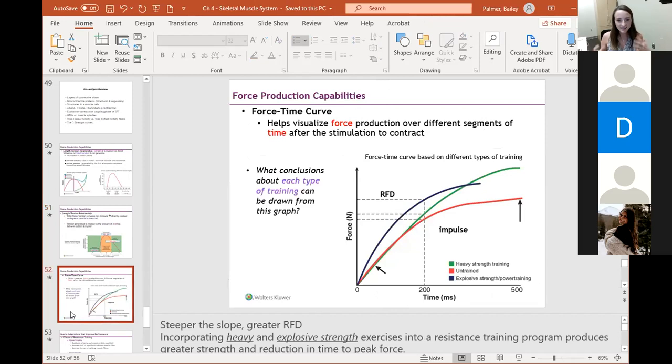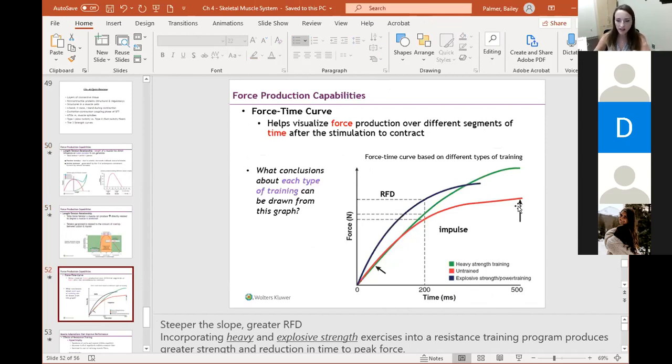All right, the last curve here is the force time curve. So this curve, obviously, we're looking at force over segments of time. The example that's shown here is different types of training. We have an untrained person, a heavy strength trained person, and then an explosive power trained person. We're looking at these curves and they're all a little different.